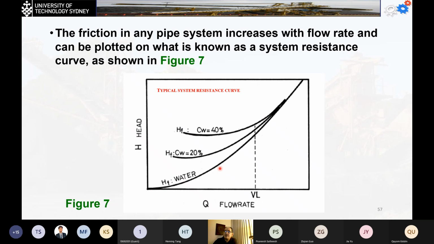This is pure water, this is 20% solid in the slurry, and this is 40% solid. You can see that at the same flow rate, the required head is always going to be higher when the slurry contains more solid material, because simply it's going to be heavier.